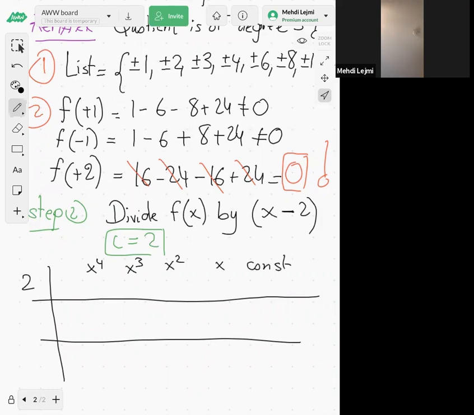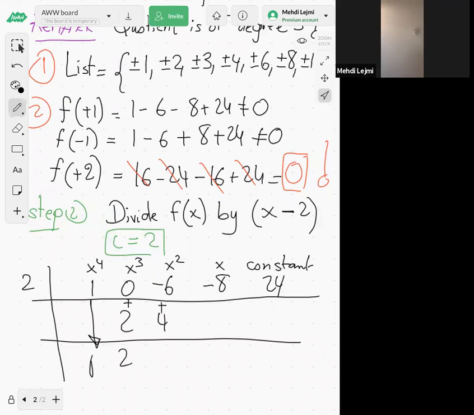We have 1 x fourth. How many x cubed? There's no x cubed, so it's 0. X squared, it's minus 6x squared. X, we have minus 8x, and the constant is 24, right? So bring down 1 here. 2 times 1 is 2. 0 plus 2 is 2. 2 times 2 is 4.